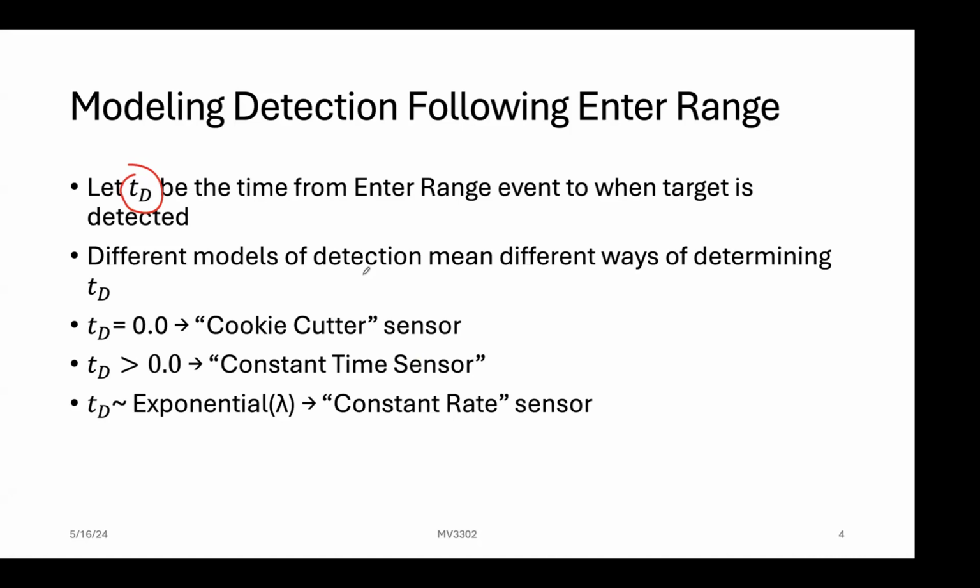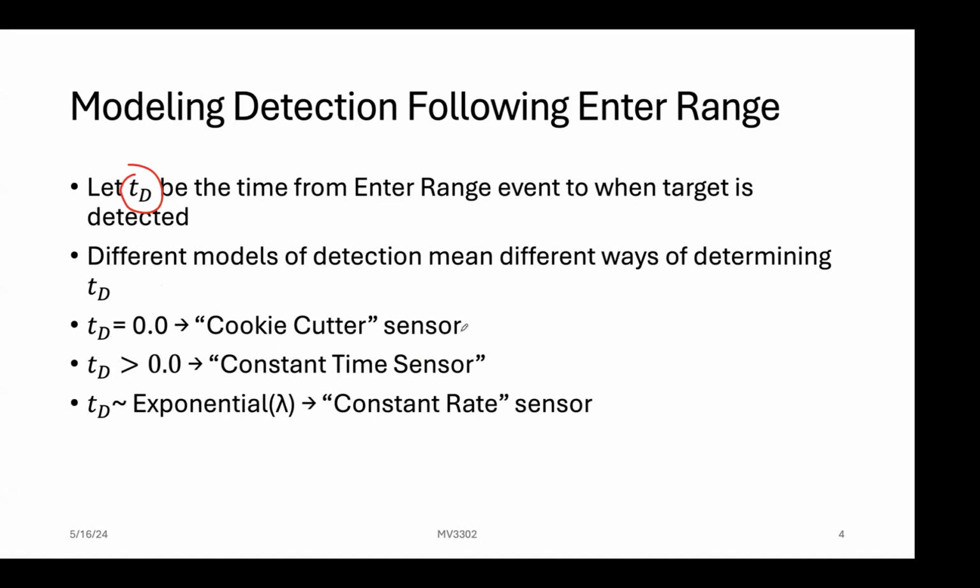So as you might imagine, I like to do things simple. So with that in mind, if I set my time of detection to 0, that's our cookie cutter sensor, and we actually have a limitation to that with our simplest referee. But what if I just have a constant time that's bigger than 0?